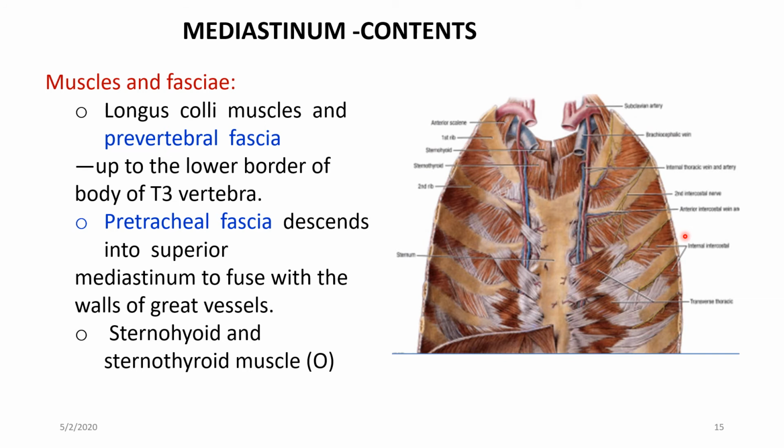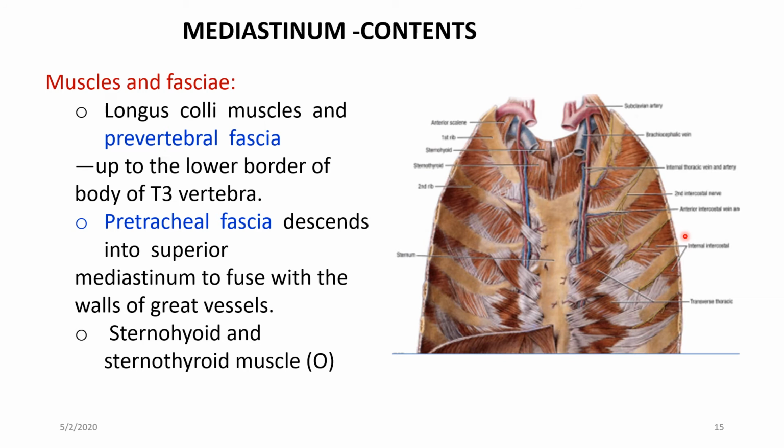And then there will be a fascia over it. That's known as the prevertebral fascia, which will extend up to the lower border of body of T3 vertebra. So that is the extent of the prevertebral fascia into the thorax.